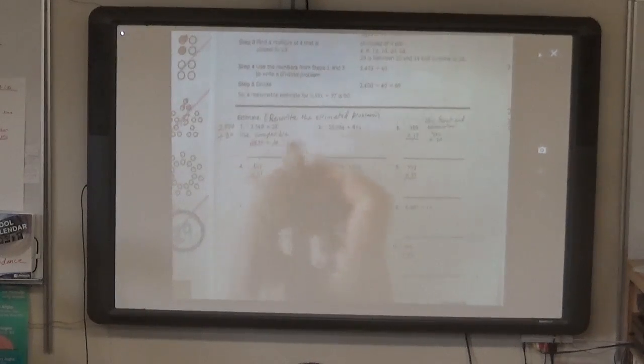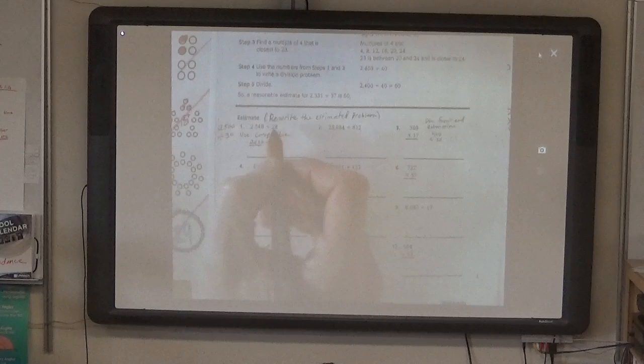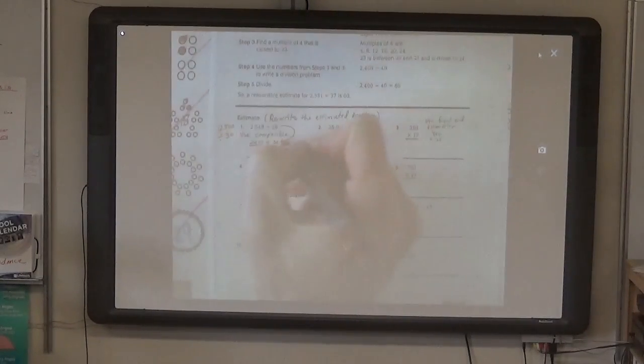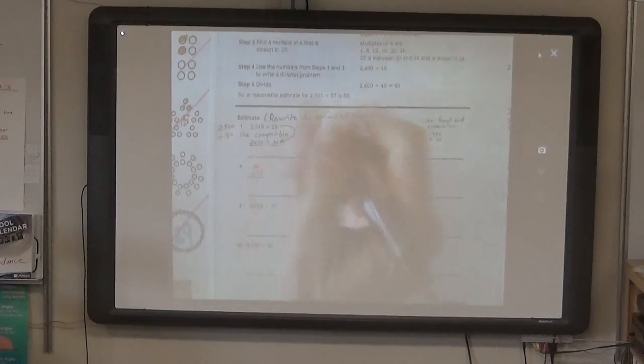divided by 30. Where did the 30 come from? Maya? 28 is closer to 30. Yeah, 28 is close to 30. So it makes sense to round 28 to 30 so that we can work with it.